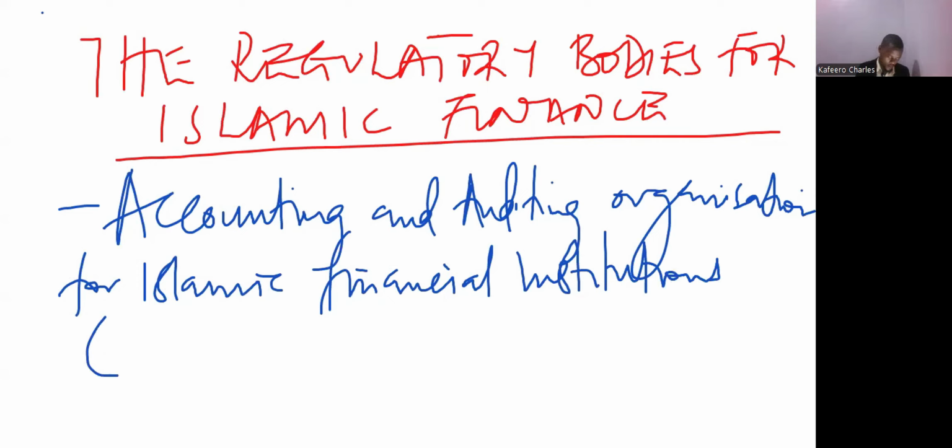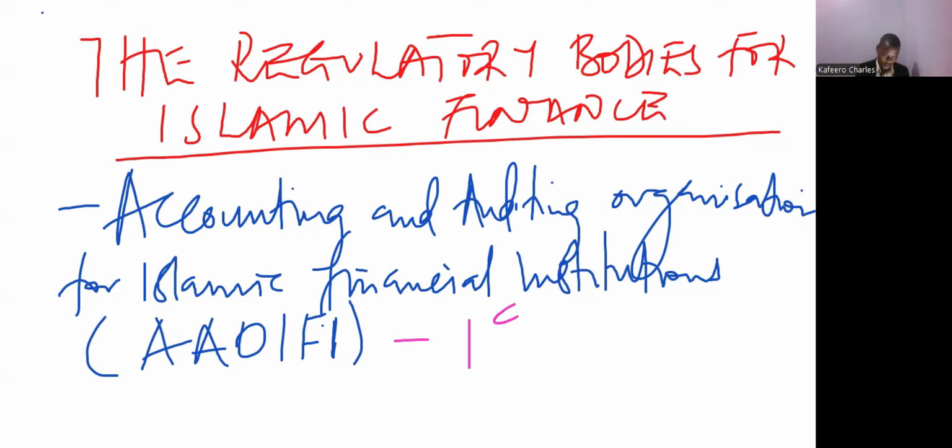That is abbreviated AAOIFI. And this was established in 1991. Of course, as I said, this Islamic finance is more on the other side, the Arab countries. So it was established in 1991 in the Kingdom of Bahrain.